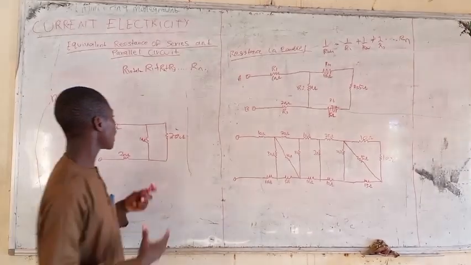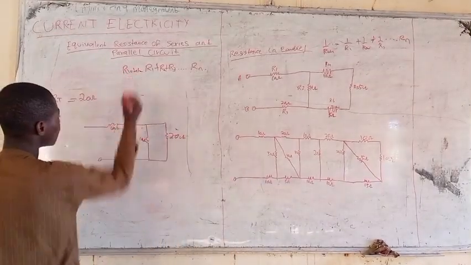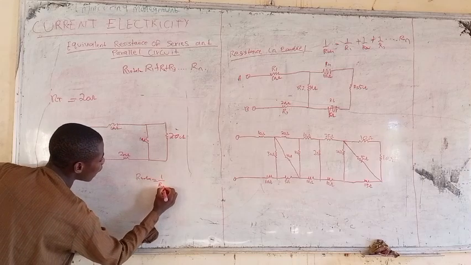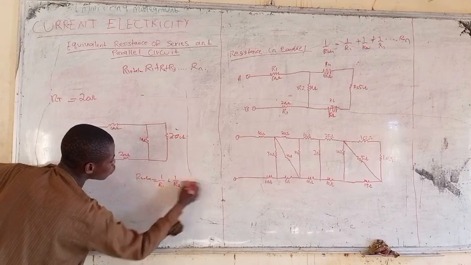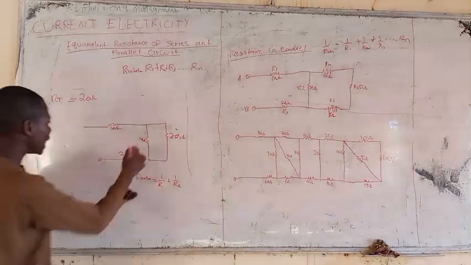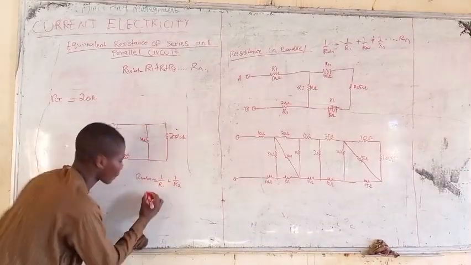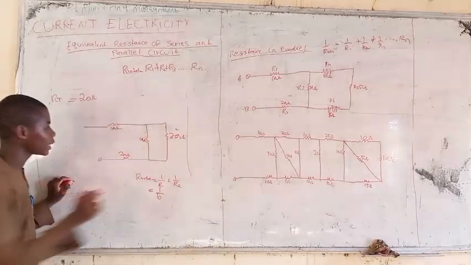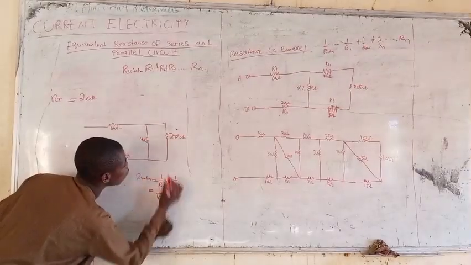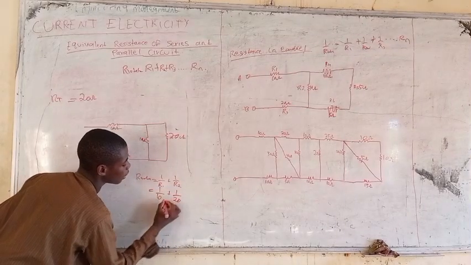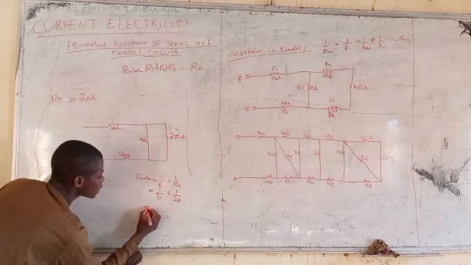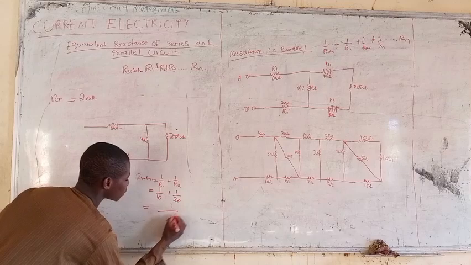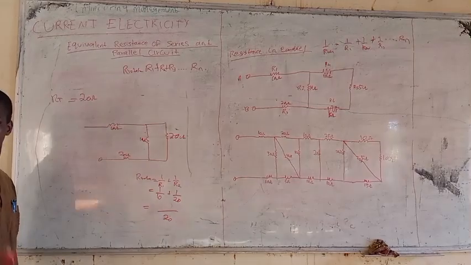So we are to use our formula: 1 over R total is equal to 1 over R1 plus 1 over R2, up to Rn. So 1 over 10, let's say R1, plus 1 over 20. The LCM between 20 and 10 is 20.